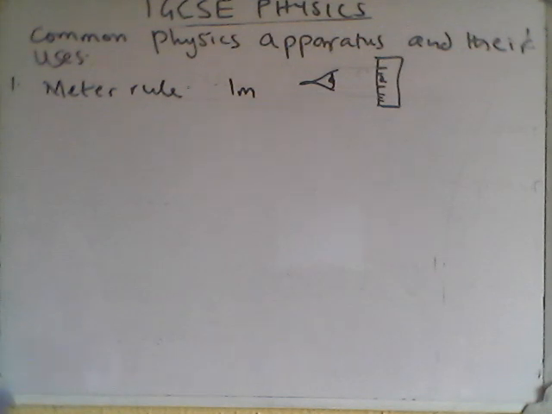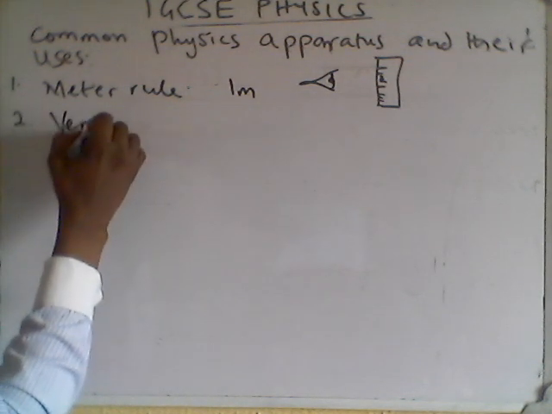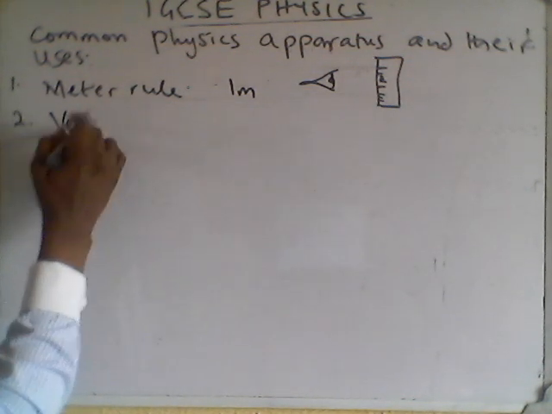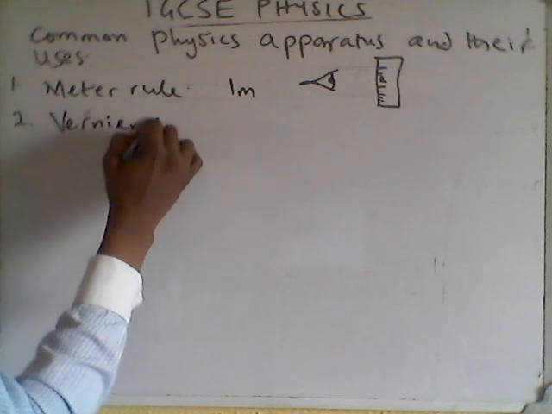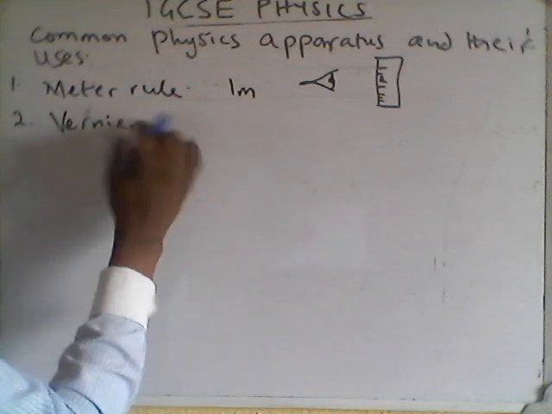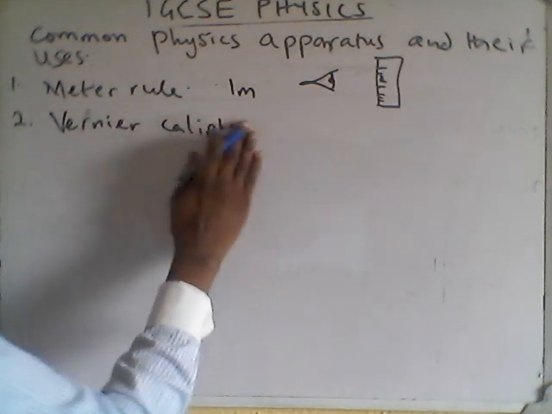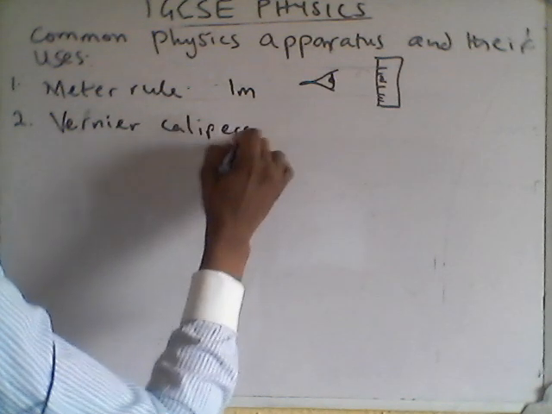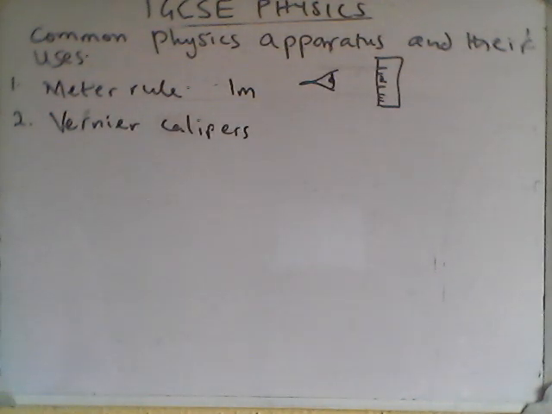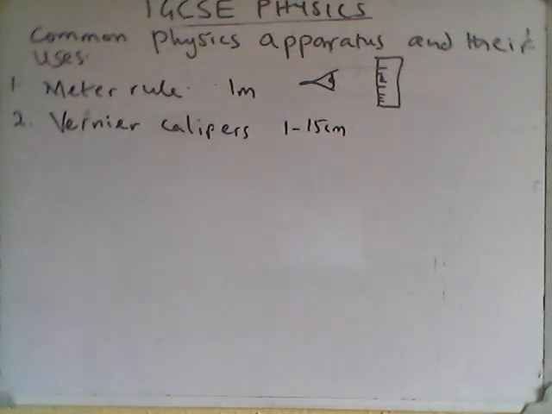Okay, so the next apparatus we use a lot in physics is the vernier caliper. Vernier calipers measure small lengths, very small lengths.